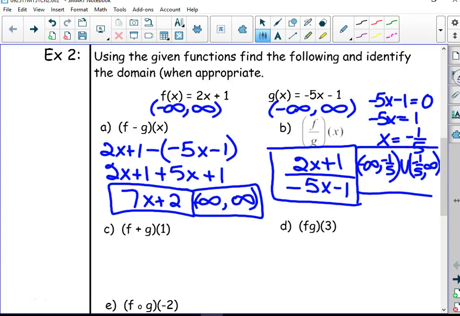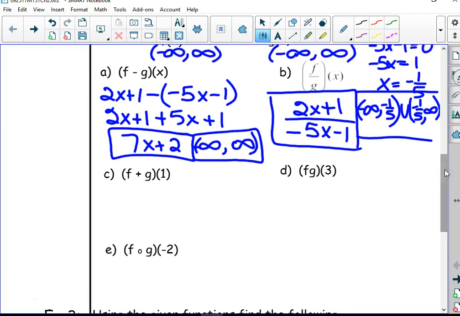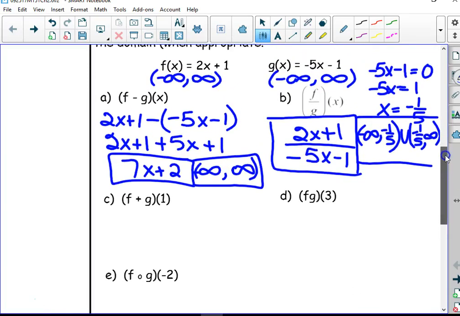On parts C and D, we don't have to state domain. It doesn't make sense. And so here's what I'm going to do. I'm just going to take f plus g and plug in a 1. I can put f plus g together and plug in a 1, or I can plug in a 1 as I'm working. It doesn't really matter.